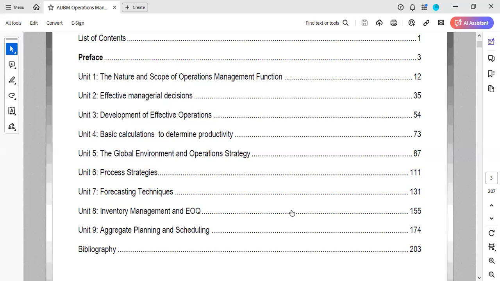Number 4 being basic productivity. Number 5, the global environment and operations strategy. Number 6, process strategies. 7, forecasting techniques. 8, inventory management and economic order quantity. And the last one, number 9, aggregate planning and scheduling. These are the topics that are in your module, right? So we can cover all the topics before we do the revision.